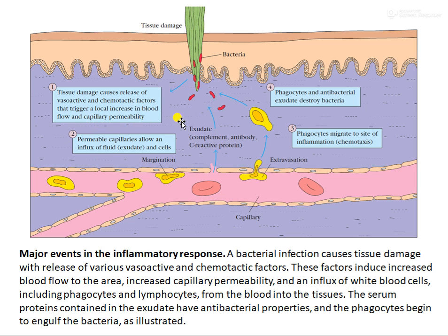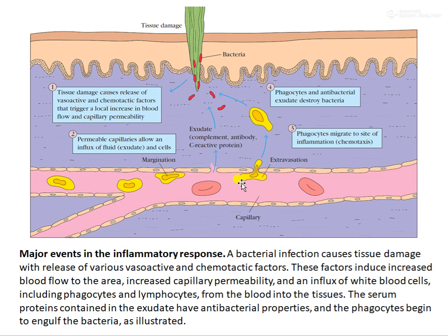When the tissue damage occurs, some bacteria could also enter. Vasopermeability-increasing substances are released, and the capillaries become more permeable. So what happens? From the blood, the exudates like the complement, antibody and various C-reactive proteins will come outside.